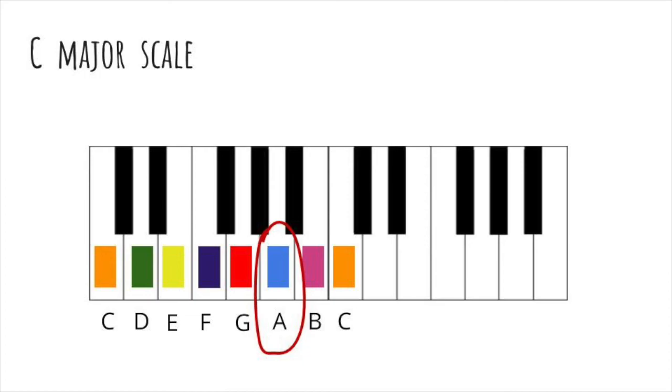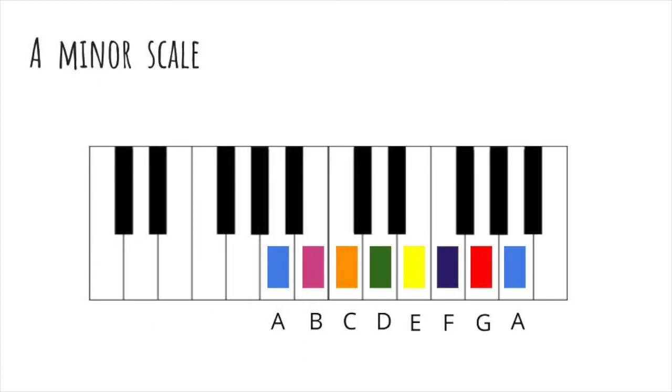It's relative to the major one. So if we start a C major scale on its sixth note of A, so we're going to use just the white notes, we have an A minor scale.